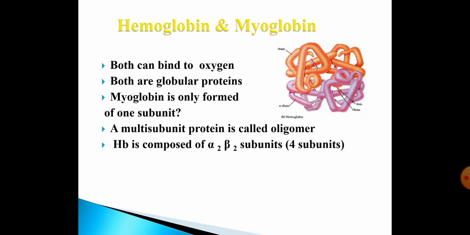Hemoglobin and myoglobin both can bind oxygen. Both are globular proteins. Myoglobin is formed of only one subunit, whereas hemoglobin has 4 subunits. A multi-subunit protein is called an oligomer. Hemoglobin is composed of 2 alpha and 2 beta subunits, 4 subunits.